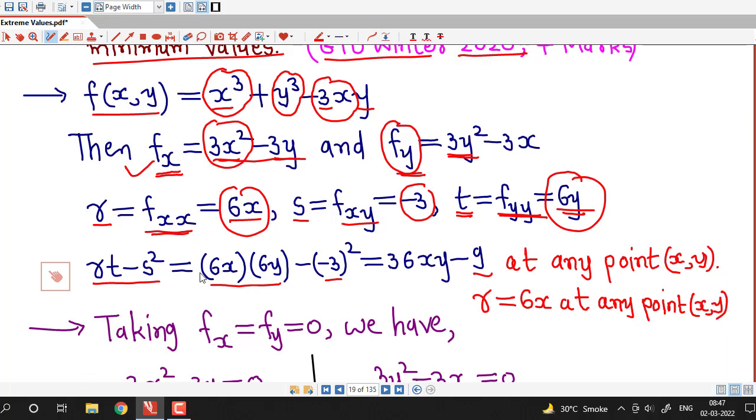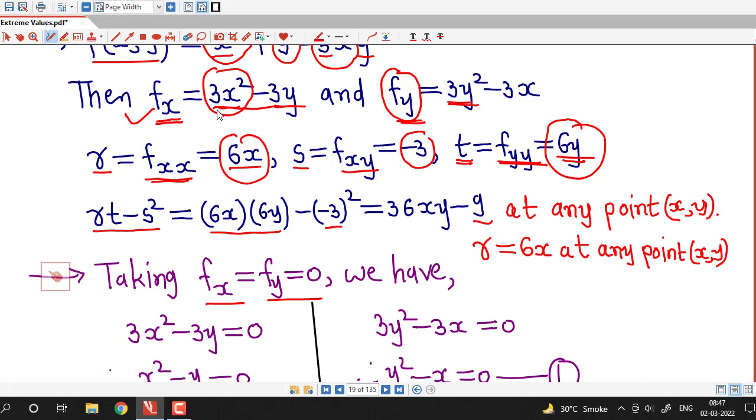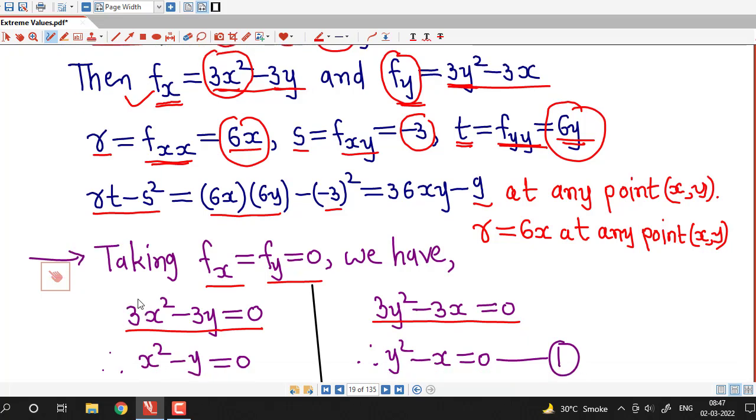Now we find out critical points. For that we consider del f by del x equal to 0, del f by del y equal to 0. Del f by del x is 3x square minus 3y equal to 0. Del f by del y equal to 0 becomes 3y square minus 3x equal to 0. We can cancel out 3 by taking it common.